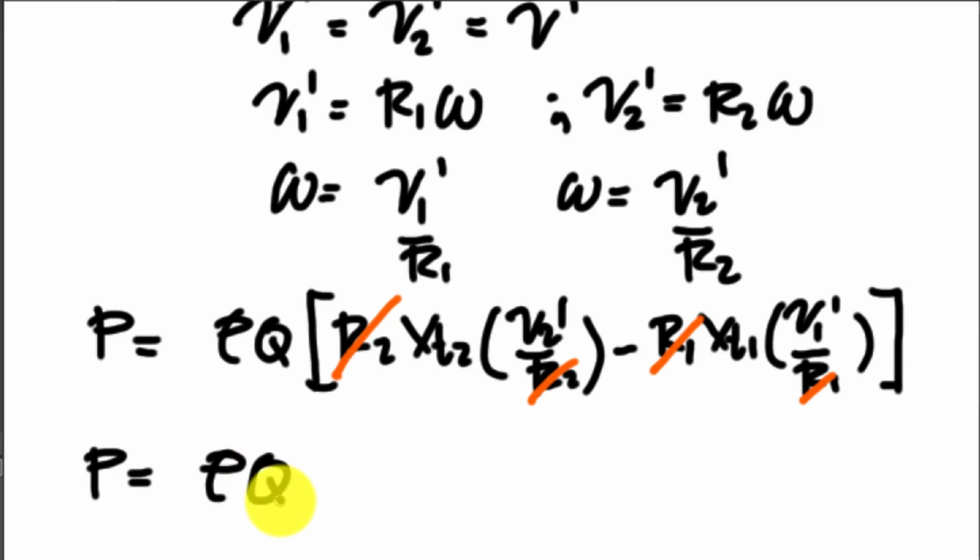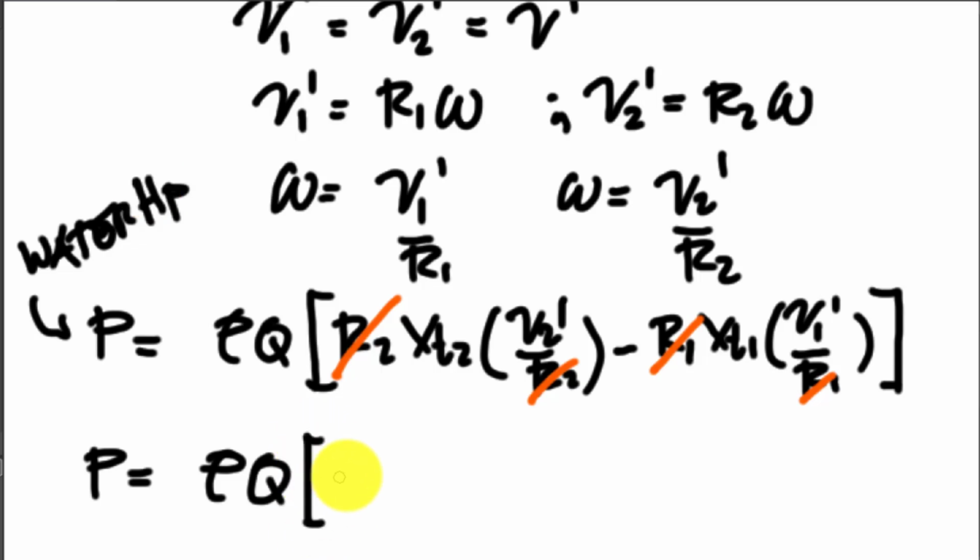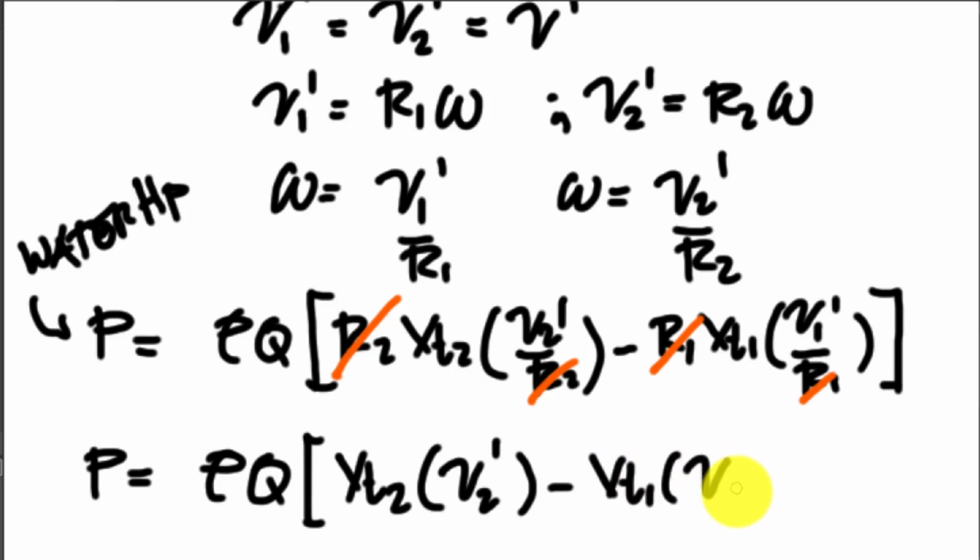That will be density. So this is what we call the water power or water horsepower. So this can be called your water HP or water horsepower, no? So that will be density, volume flow rate, multiplied by my tangential velocity 2, the velocity of the vane at point 2, minus my tangential velocity 1 times my velocity of the vane inside, or the point at point 1.